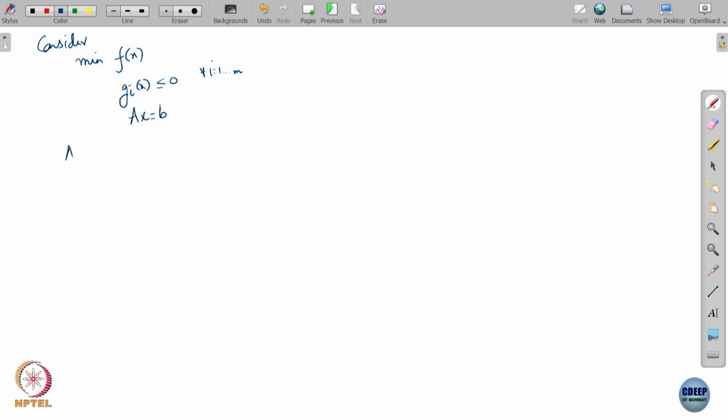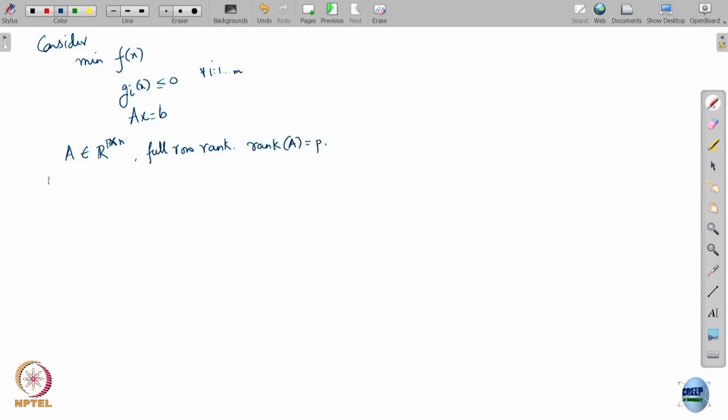So, A now is a matrix in R^(p×n). It has p rows and we will assume that A is full row rank. Okay. So, in short, rank of A is equal to p.